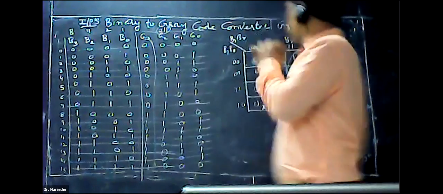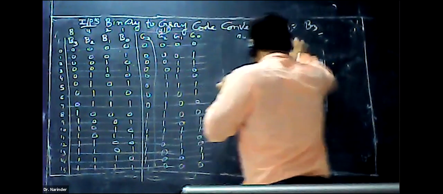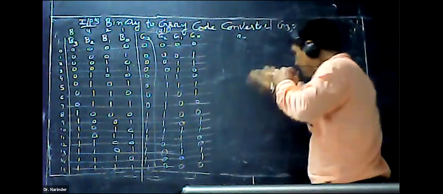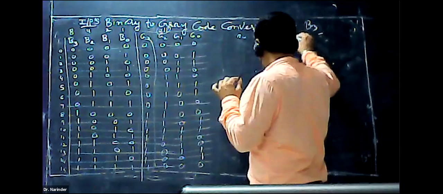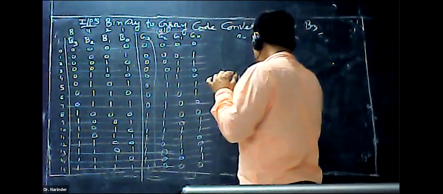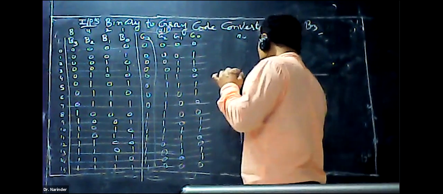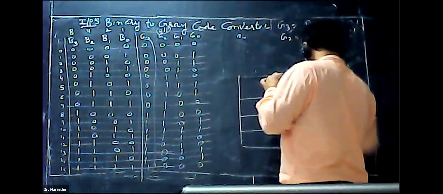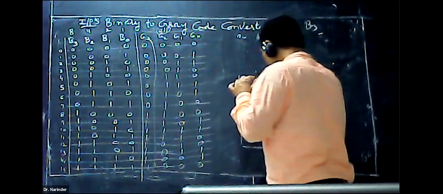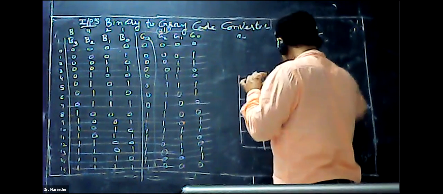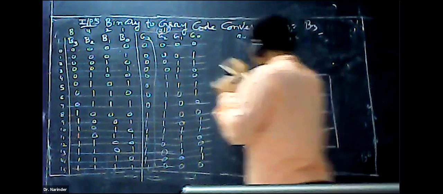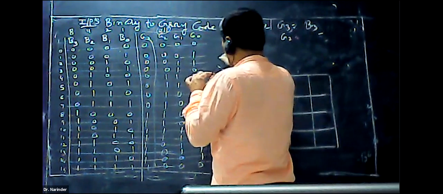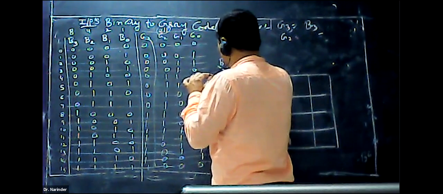Now we will pursue G2. Horizontally you have to write B3, B2.